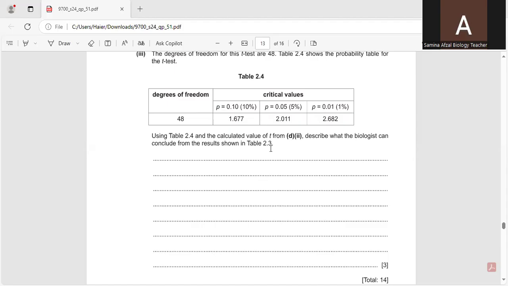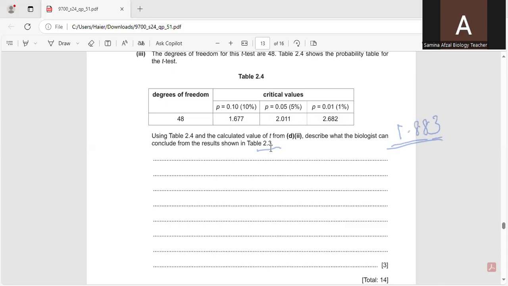For this, you can see the value from table 2.3. The value was 1.883. So we are going to write the answer in the light of this.